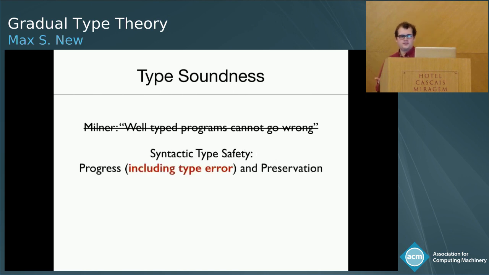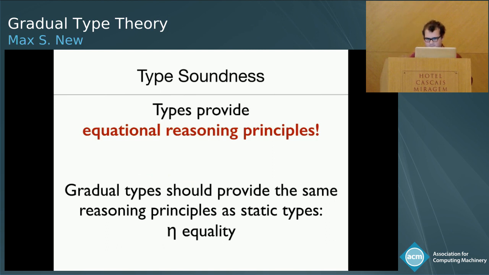Usually we'd prove some kind of syntactic type safety theorem where the progress theorem includes a type error. But in our paper we go further and say that types should provide relational reasoning principles, equational reasoning principles, and the ideal would be that gradual types provide the exact same reasoning principles as static types. The one we're going to focus on is eta equality.